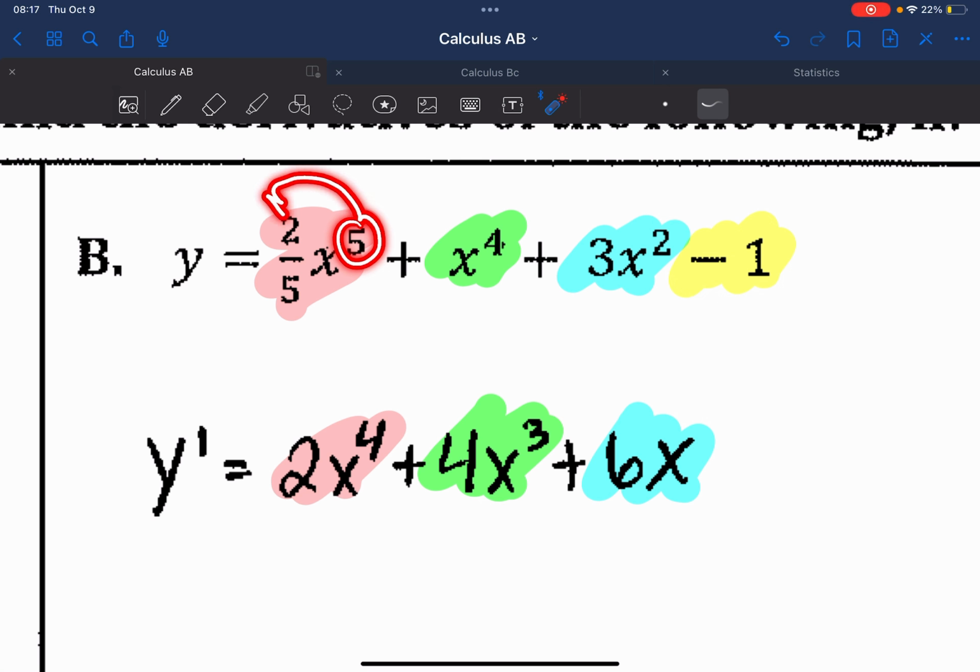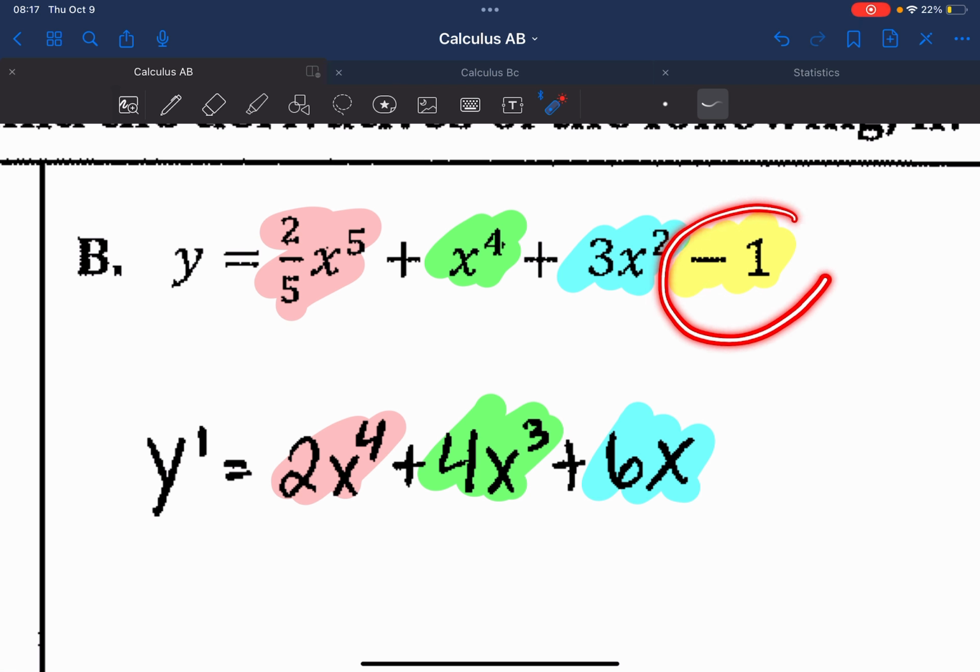So 5 times 2/5, which is 2. Subtract 1 from 5, we got 4. Then we move on to the next one. Bring the 4 down, subtract 1 from the exponent. Bring the 2 down, multiply 2 times 3, which is 6. Subtract 1 from the exponent. So technically there's a 1 right here, but we don't need to write that.